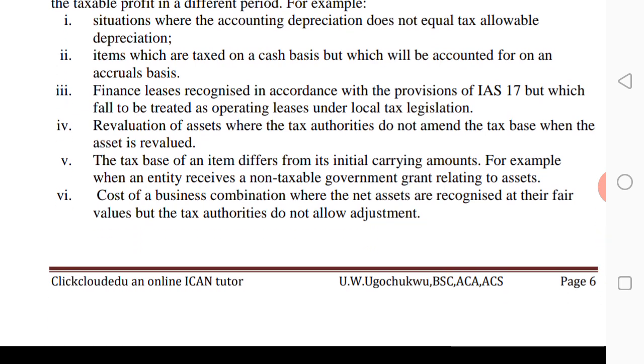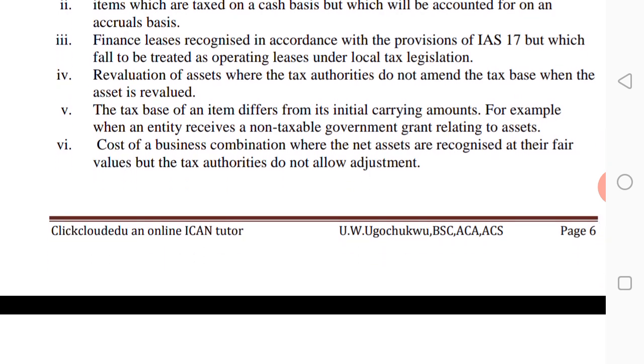Finance lease recognized in accordance with the provision of IAS 17, which is now IFRS 16, but which is to be treated as operating lease under local legislations.